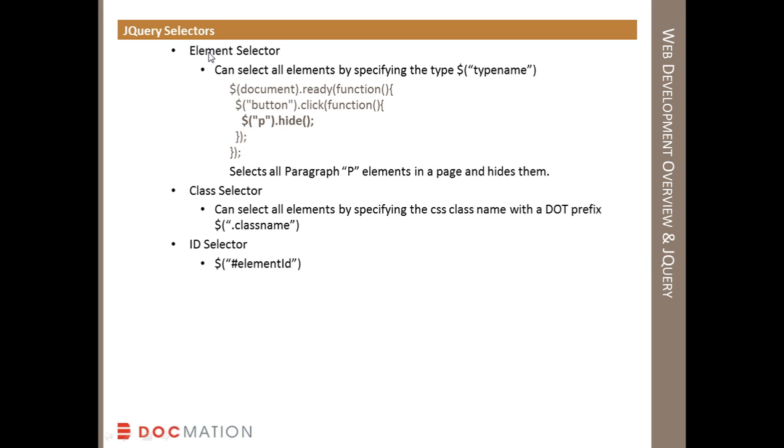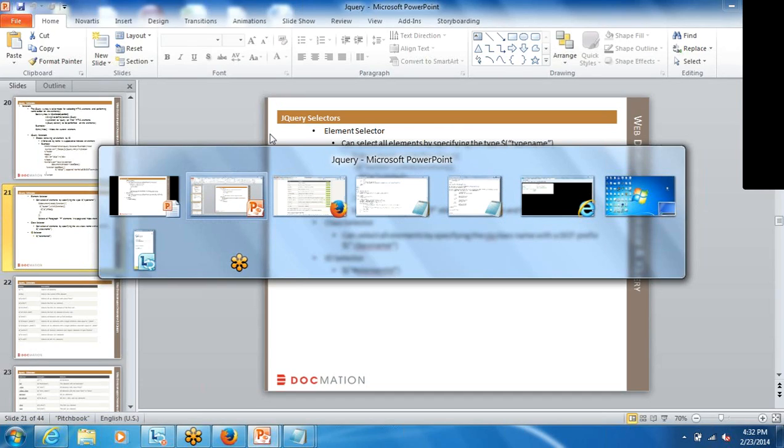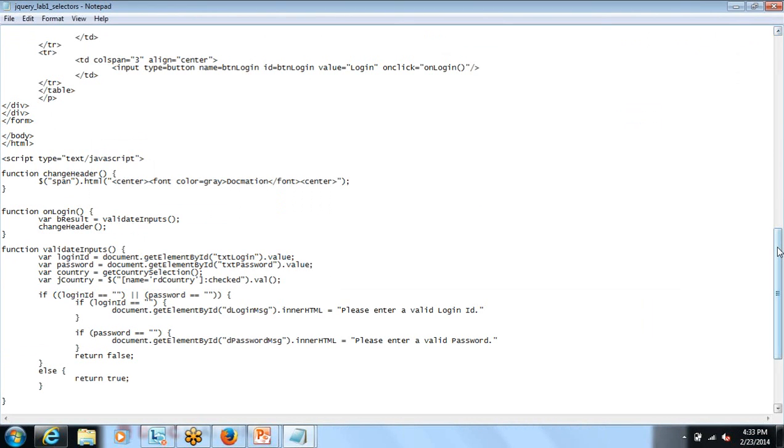You will be seeing different kinds of selectors. The first type of selectors are called element selectors. In case of element selectors, in order to select the element, you specify the HTML tag that defines that particular element. If you go back to the code that we had, there are various HTML elements within the body.